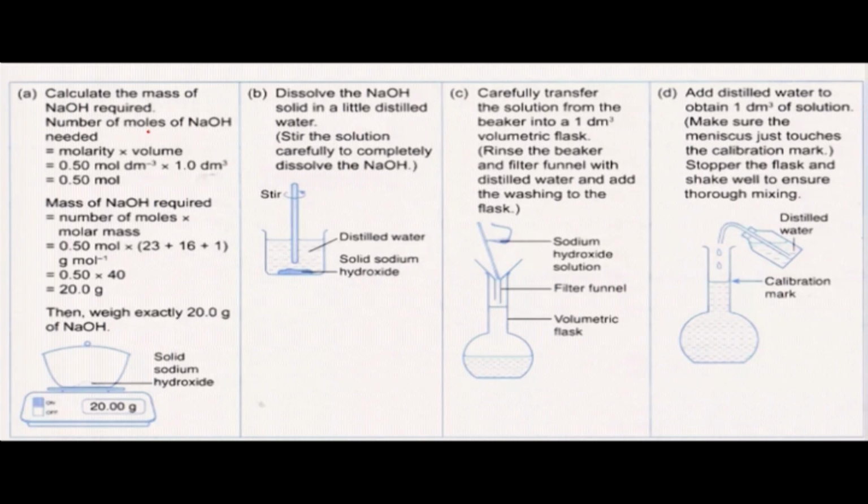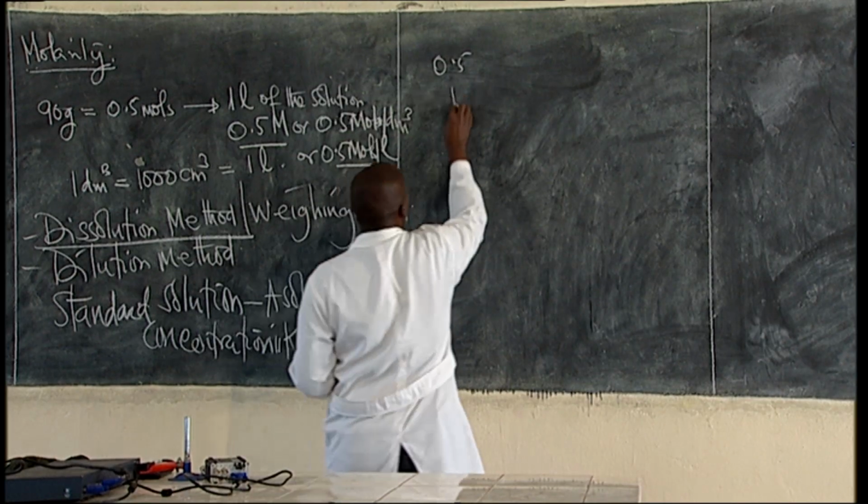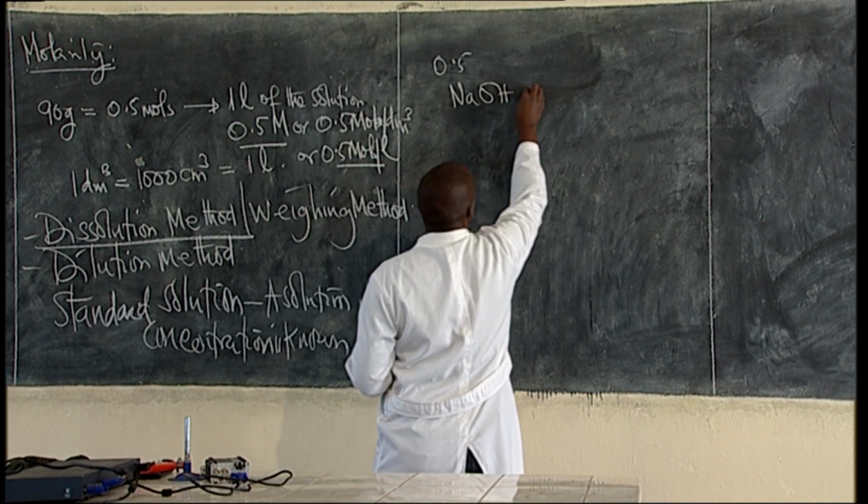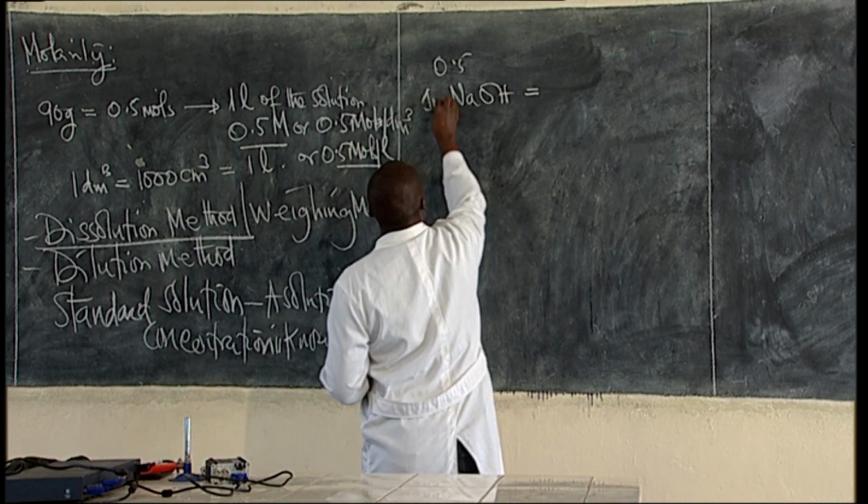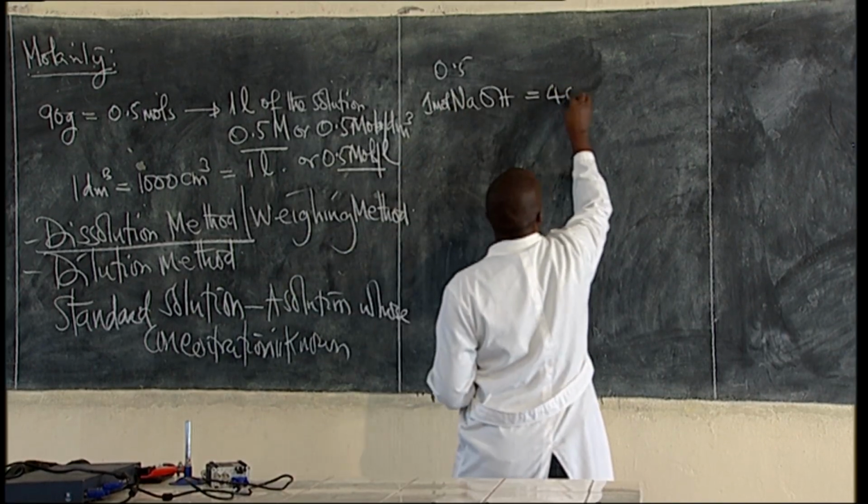You need to calculate the mass of sodium hydroxide required to prepare 0.5 moles. So 1 mole of sodium hydroxide is equal to 40 grams.